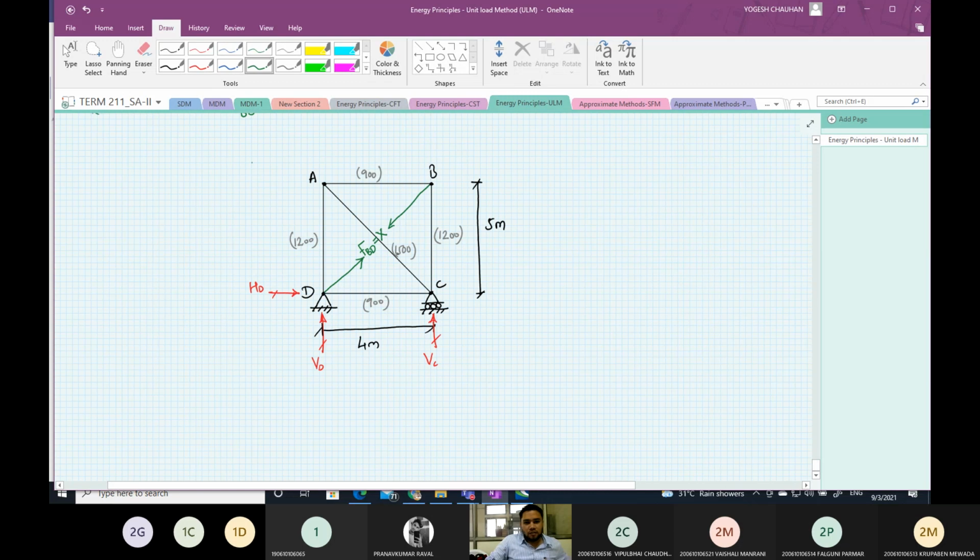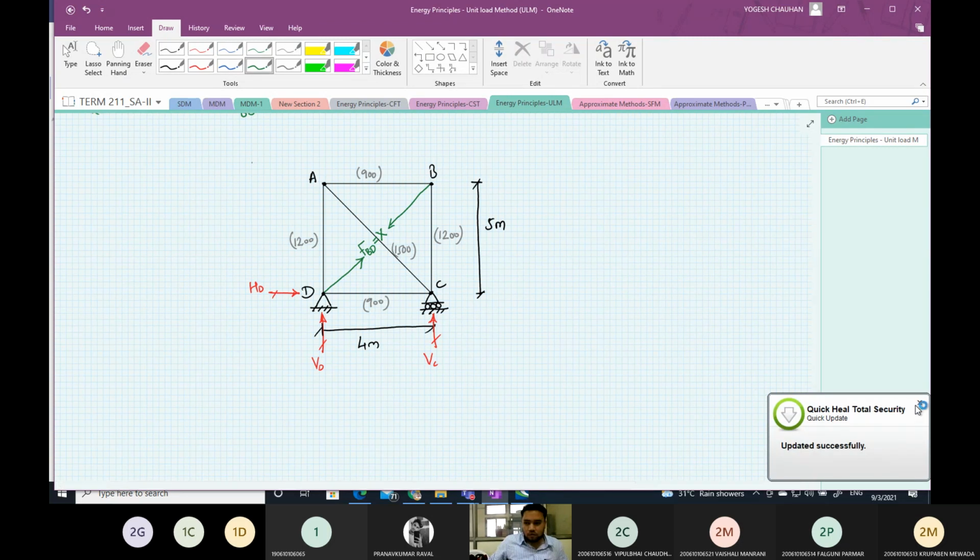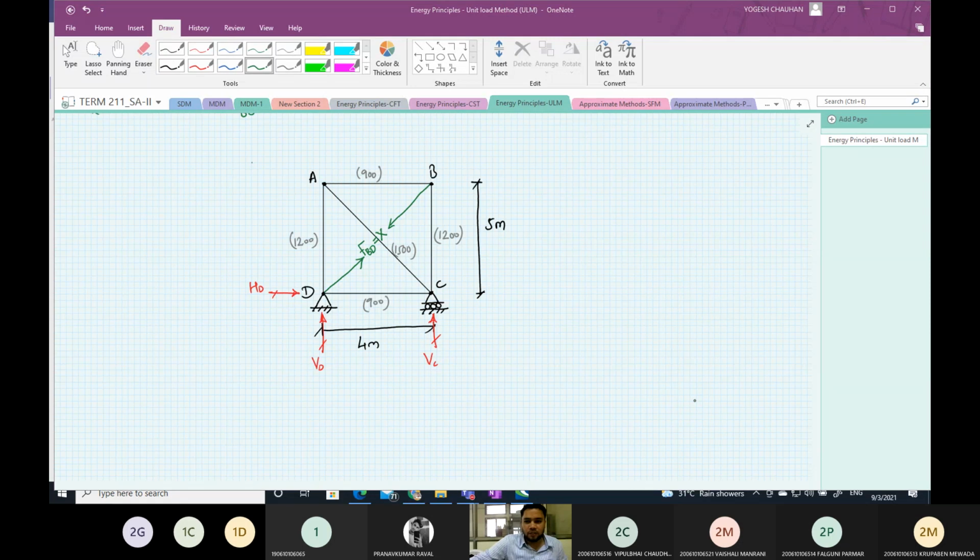So you can find the forces in the truss members using any of the methods discussed in earlier classes.